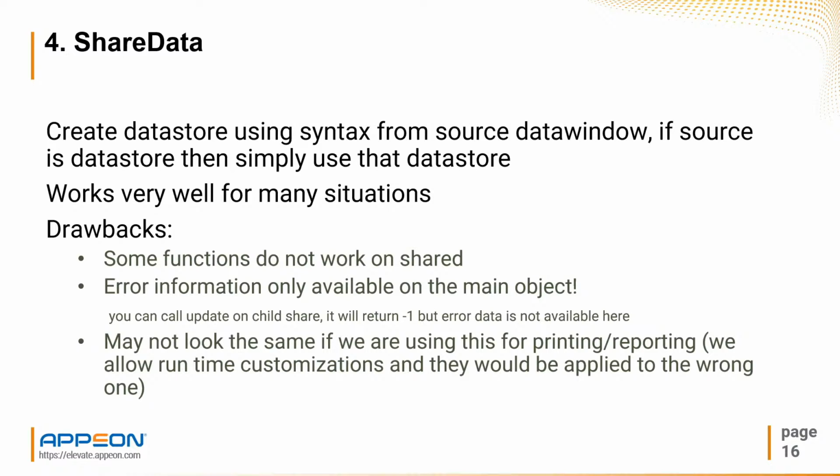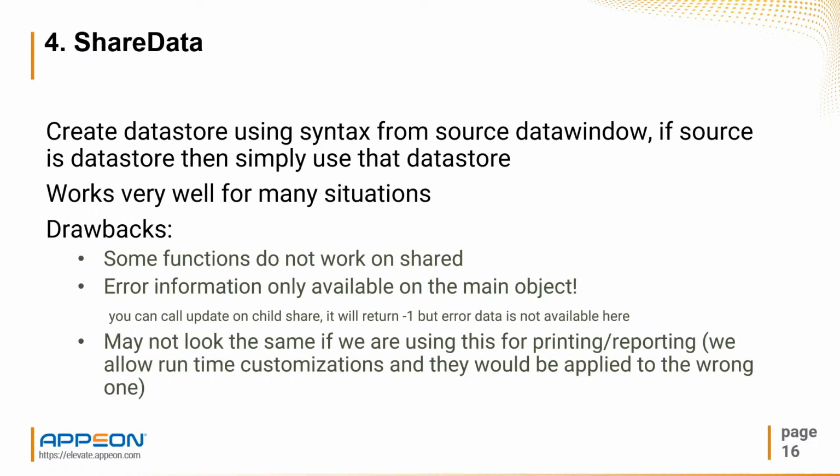You're just operating on it directly. But if it's a data window, you create the secondary copy in your data store, do all your operations on the data store, and because you're using share data, it actually affects the main data window. So it works really great in a lot of situations.